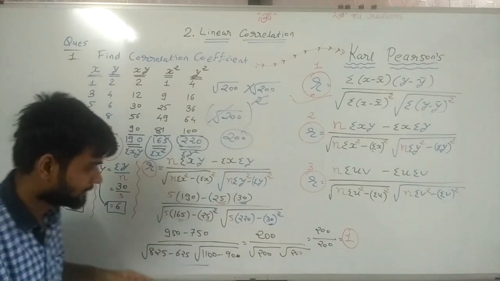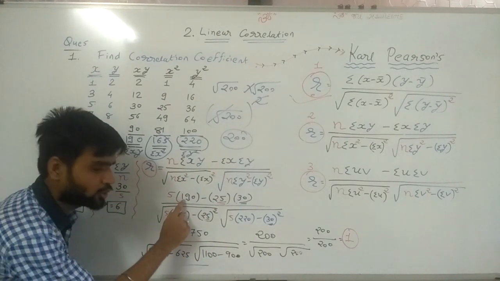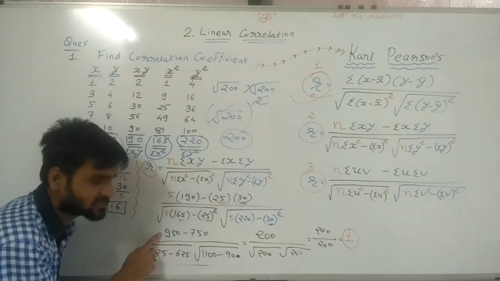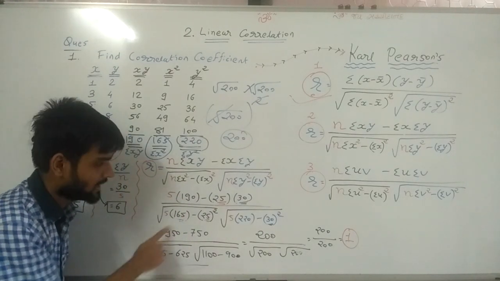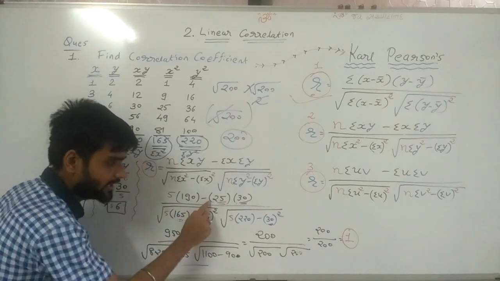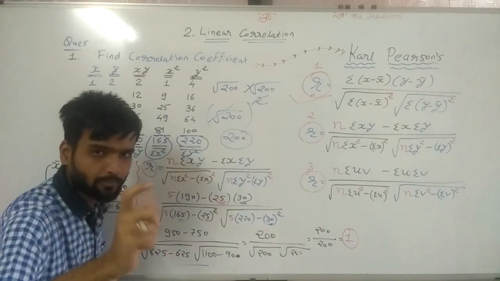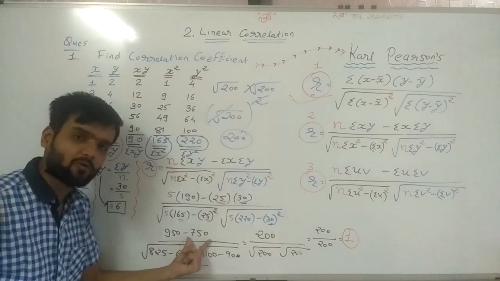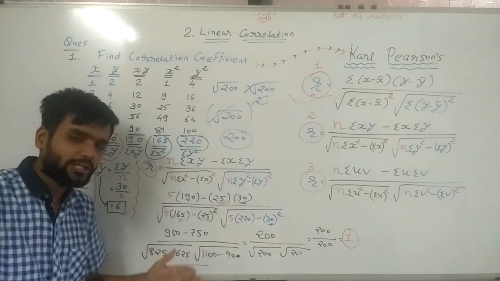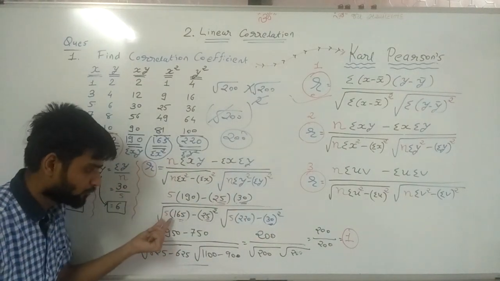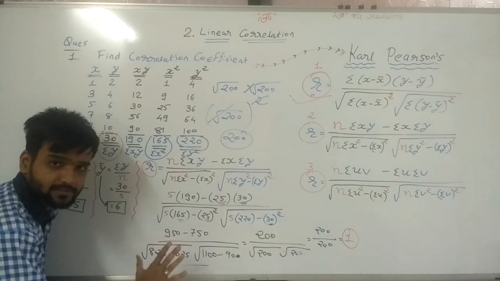First step, multiply 5 into 190. 5 into 190, answer is 950. Minus sign as it is, no change. 25 into 30, multiplication of both, answer is 750. Now in the denominator, divide by, under root sign as it is.